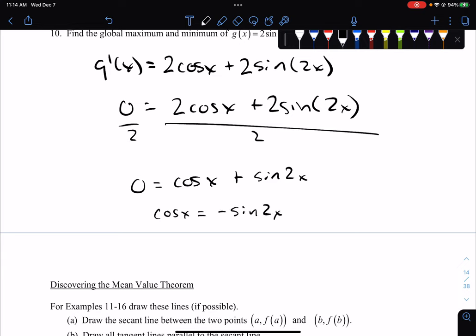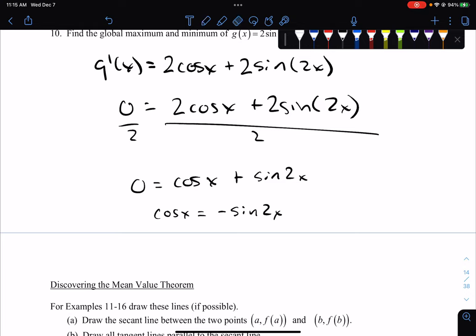So I'm looking for somewhere on the unit circle that my cosine value is the opposite of double the sine value, right? I'm looking for anywhere that the cosine value is the opposite, and it needs to be twice as big. Or we can use that sine of 2x.